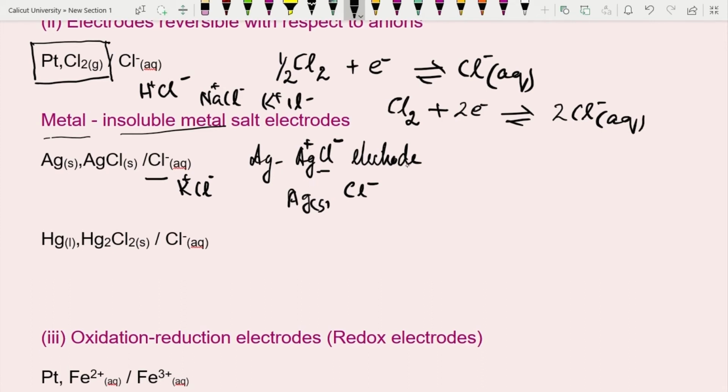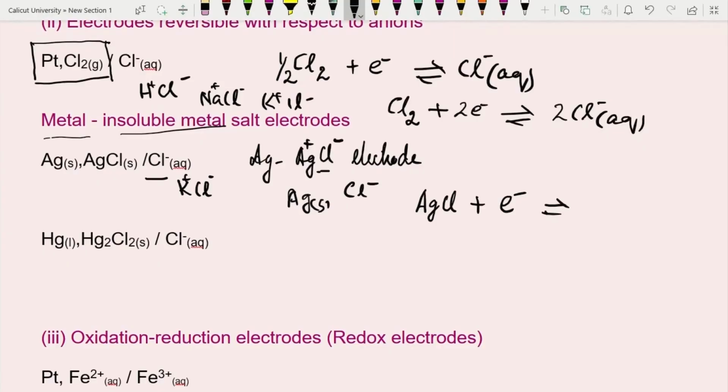Now, I have to represent this as a reduction reaction. Ag plus is the only thing in the oxidized state, and Ag plus is not occurring as such, it is in the form of AgCl solid. So, the electrode reaction will be in the form: AgCl will take up an electron. How many electrons? Because Ag has a unit positive charge, it can accept 1 electron.